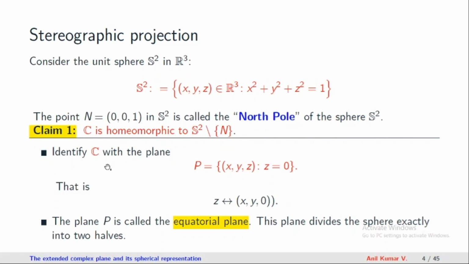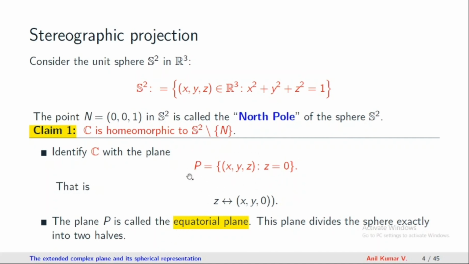So first we identify C with the xy plane in the space R3, and here the correspondence is given by z goes to x, y, 0.